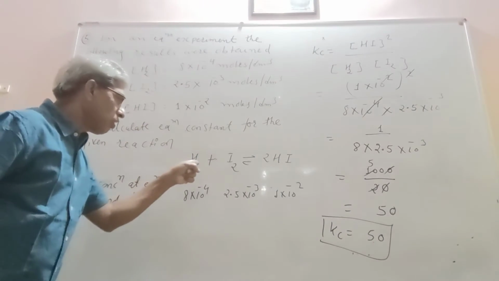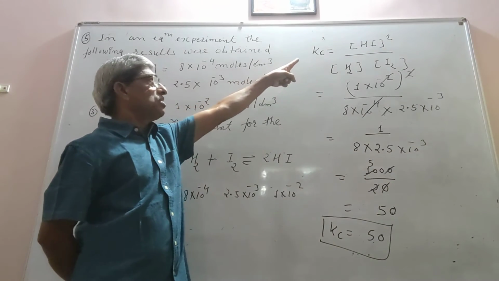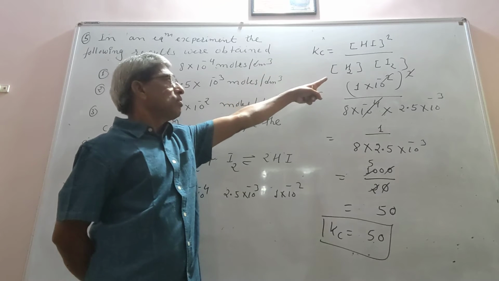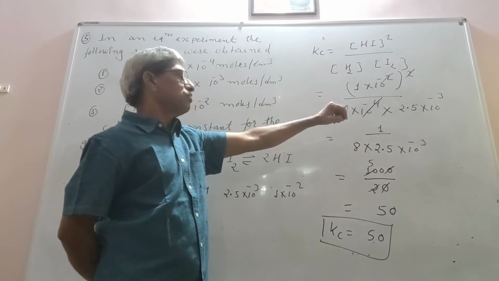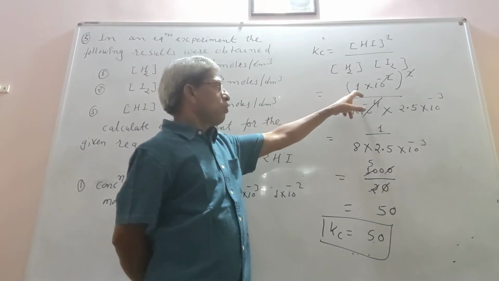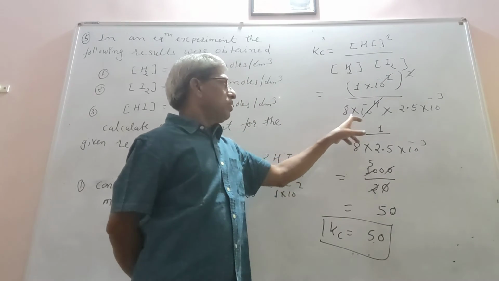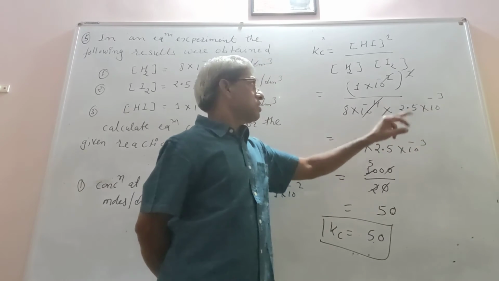Then we apply the law of mass action to this reaction. We get this equation: Kc equal to concentration of HI raised to 2 upon concentration of H2 into concentration of I2. By putting the values of these concentrations, 1 into 10 raised to minus 2 whole raised to 2 upon 8 into 10 raised to minus 4 into 2.5 into 10 raised to minus 3.